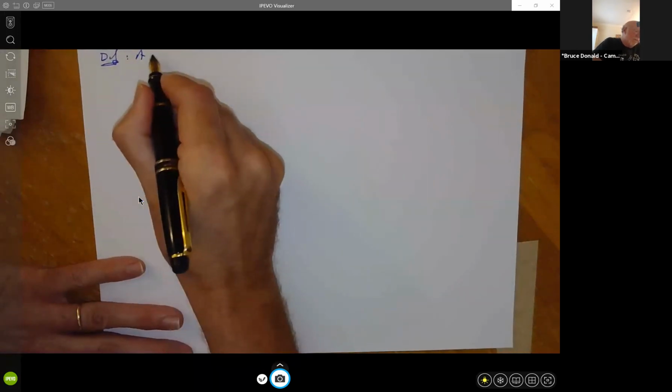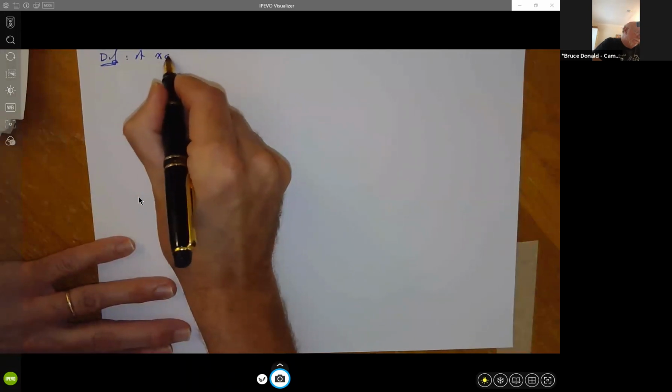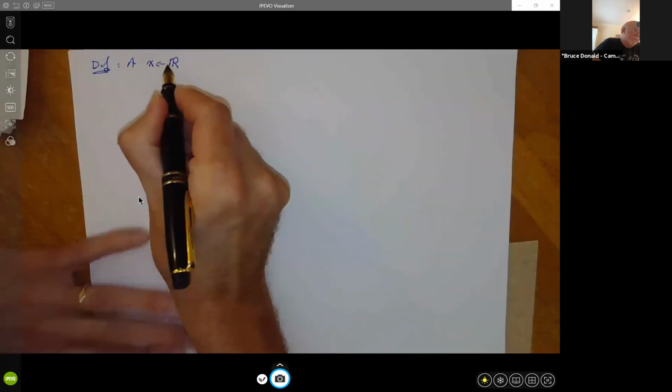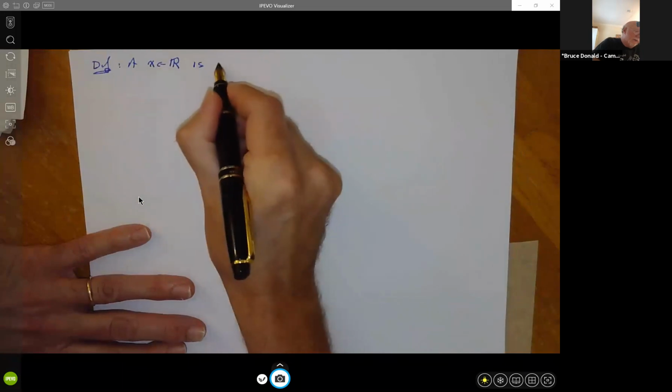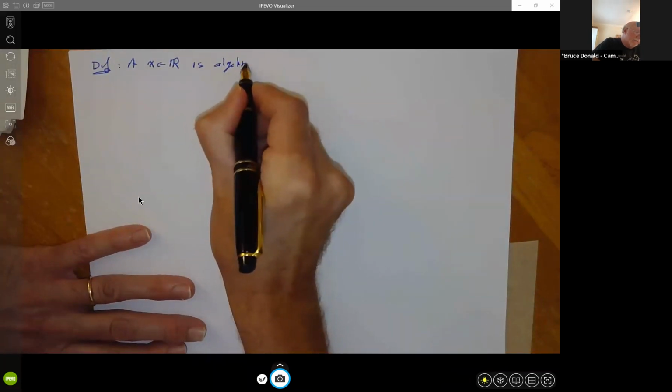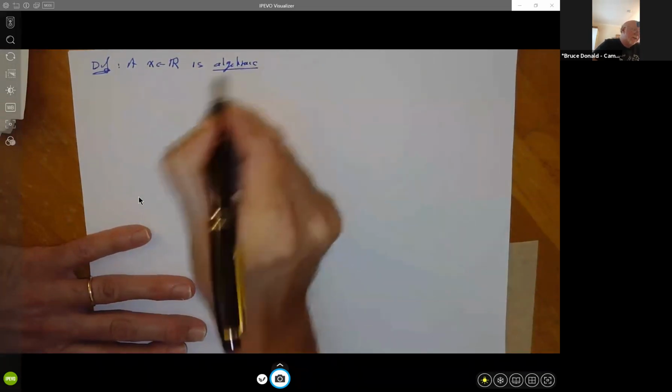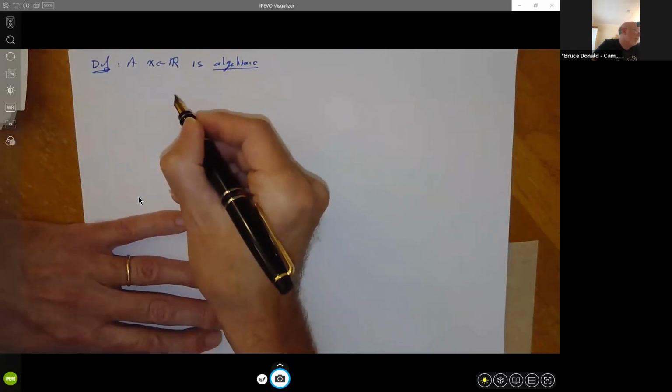A real number is algebraic. And this is how I do definitions: I italicize in LaTeX, underline here.